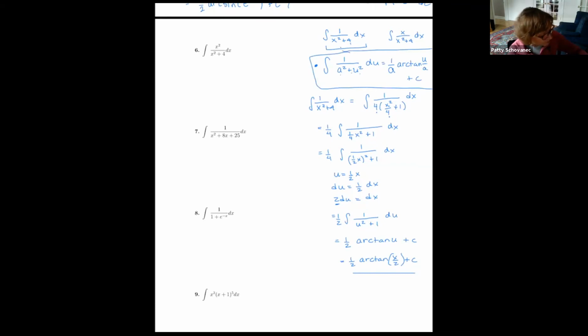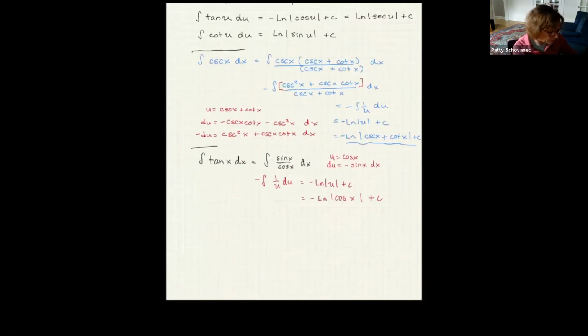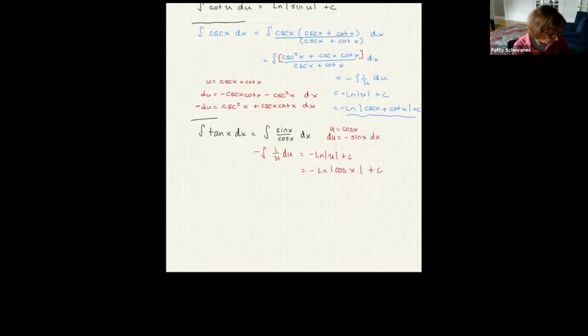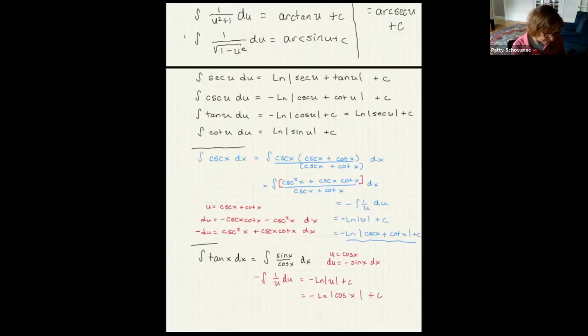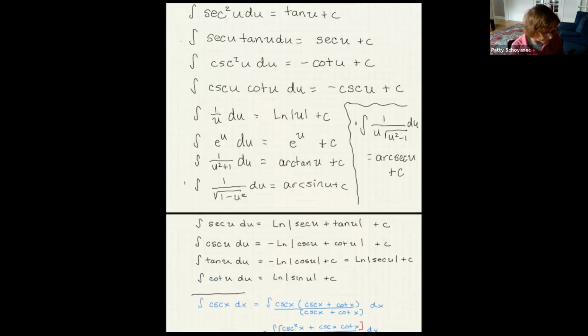So let me go back to that other handout. I want to take this junk away. Now let's just add it to the next page right here. These three integrals have a more general form.